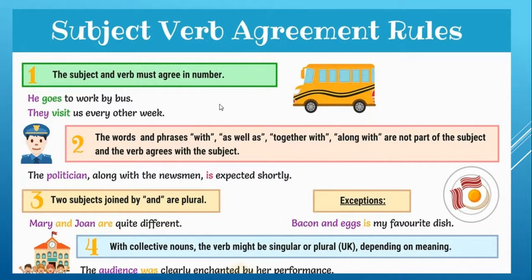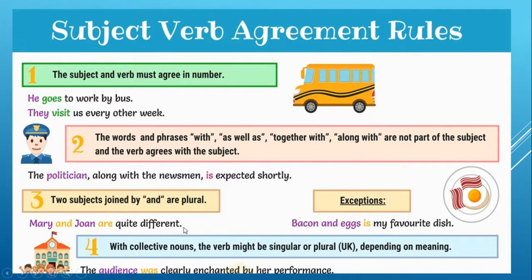You can say he visits, with an S, us every other week. See the difference? They go to work by bus. Okay. See what the difference is? He, she, it. The verb has to end with S or ES.